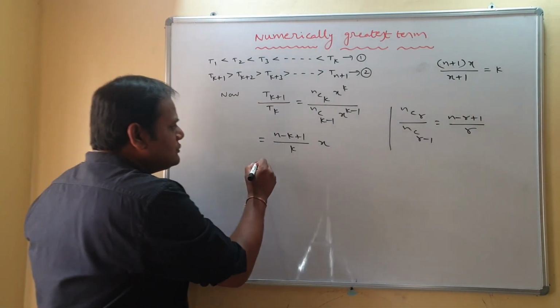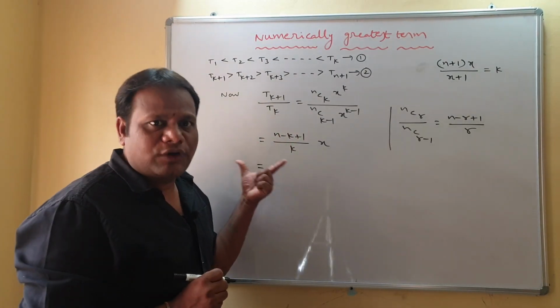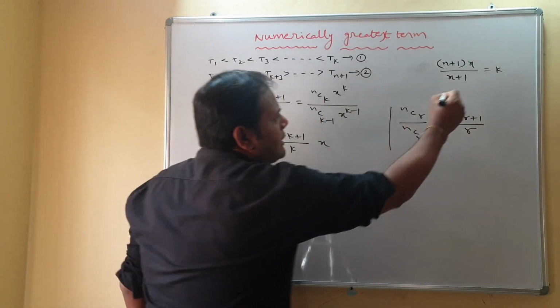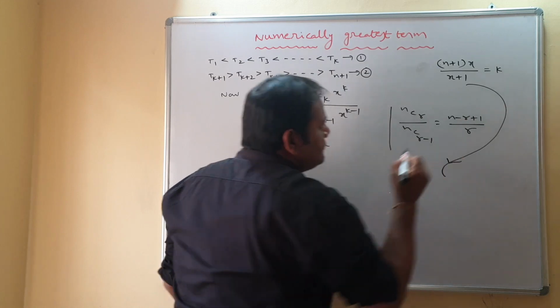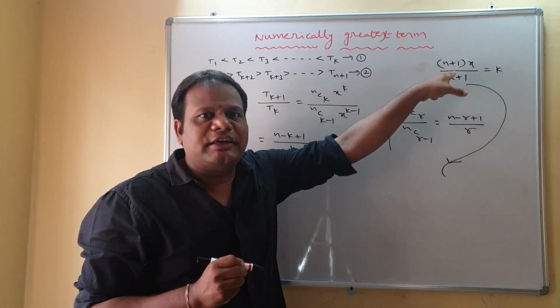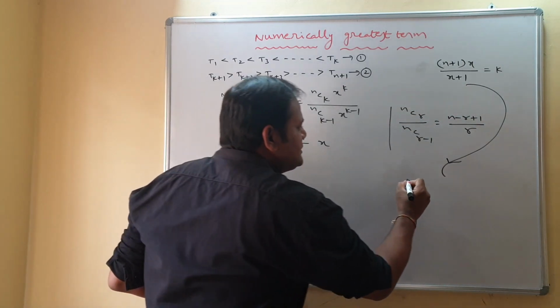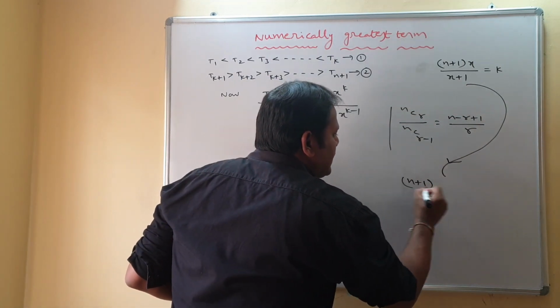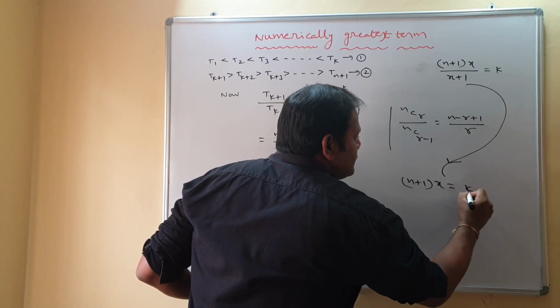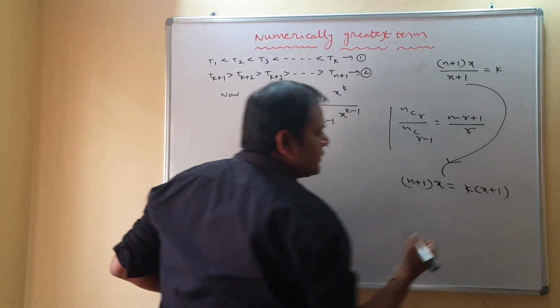Is it? So now I am going to simplify this. What happens? You see, here we already have n plus 1 into x by x plus 1 is what? k. So from this you can take that n plus 1 into x equal to k into x plus 1, right?